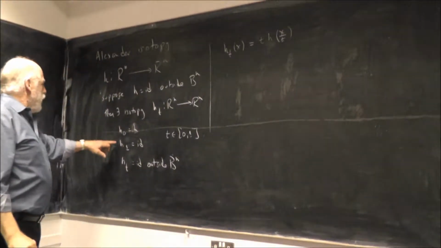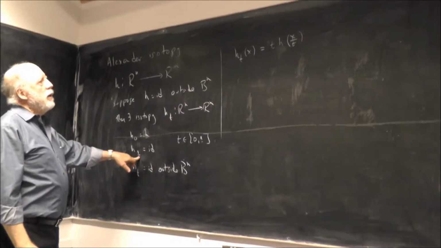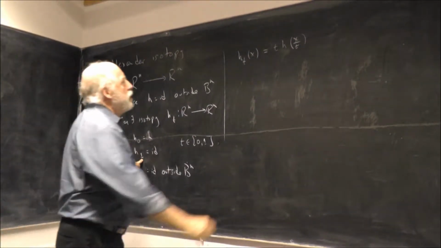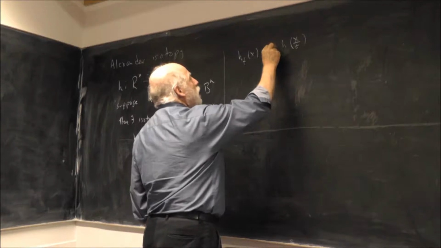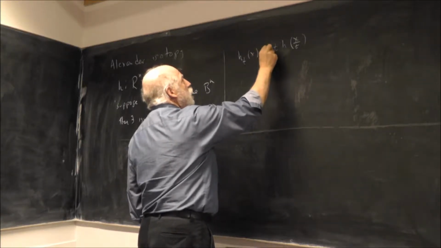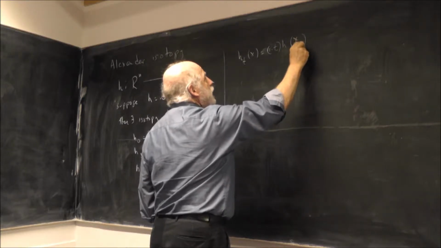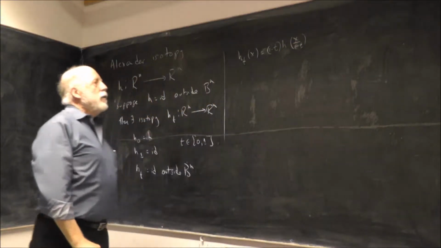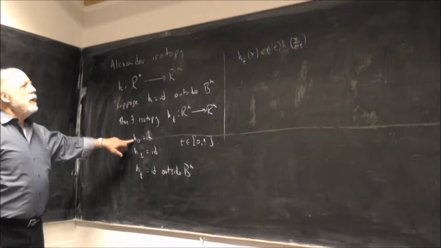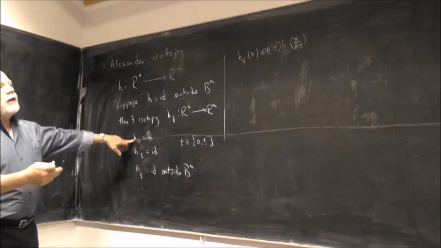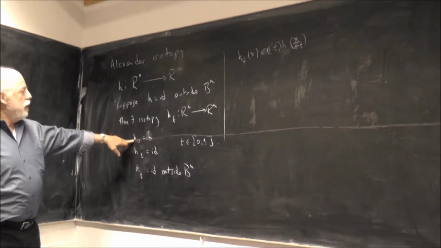So when t is 1, I want it to be the identity, so this should be 1 minus t, and this should be 1 minus t. So now at time 0, that's just 1 times h of x, so it's h.